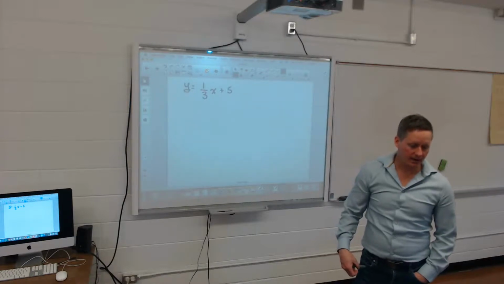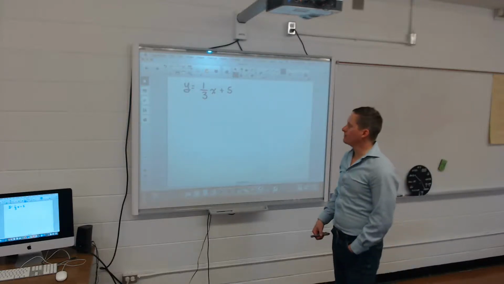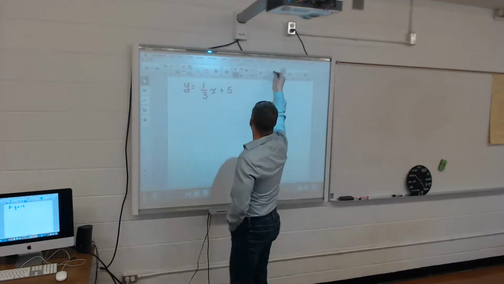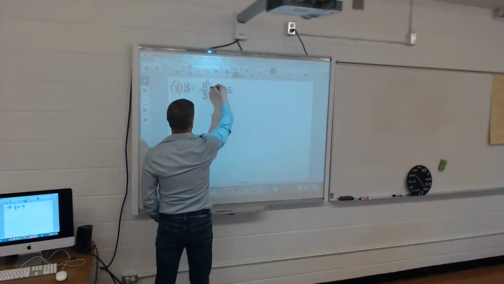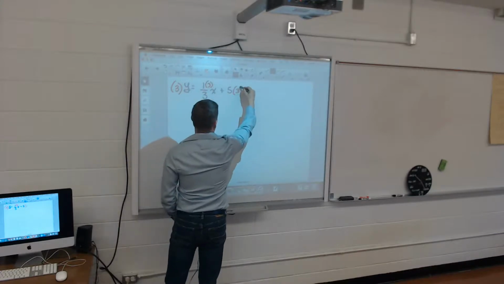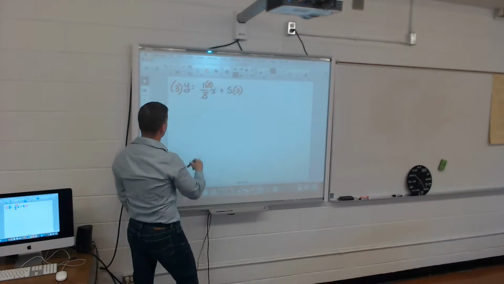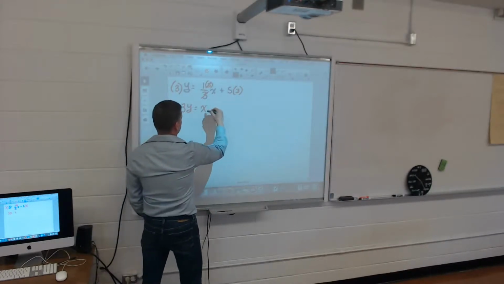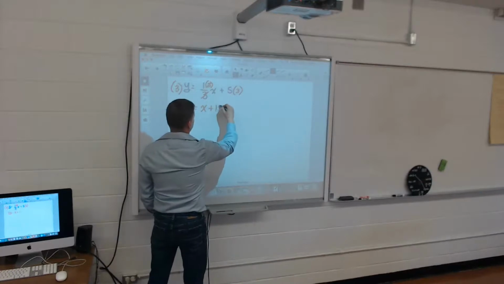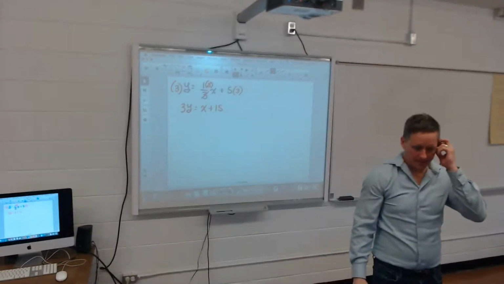So what do I got to get rid of? 1/3. Yeah. So I'm going to multiply each value by the denominator. That way that gets rid of my denominator. So I get 3y is equal to x add 15. So that's the first thing I want to do.